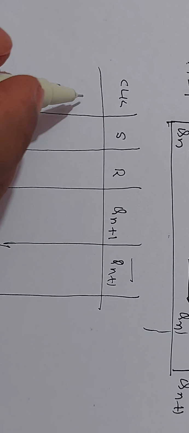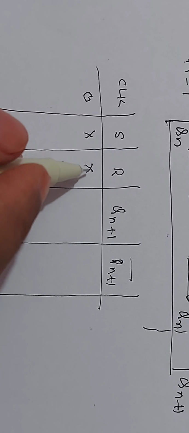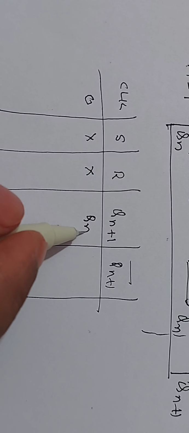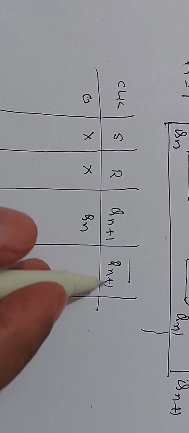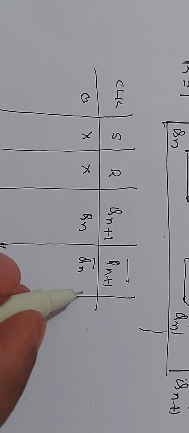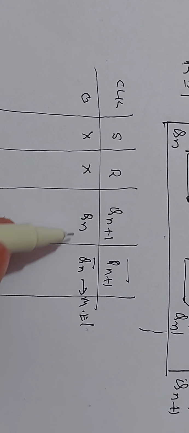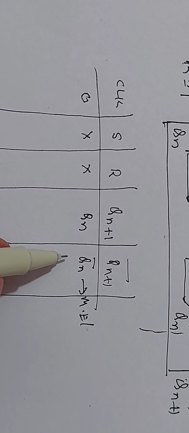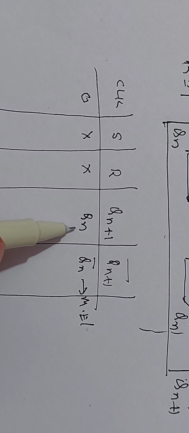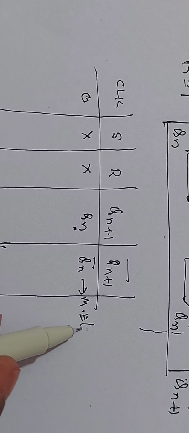Now, if the clock pulse is 0, whatever the values of S and R, Qn plus 1 is Qn and Qn plus 1 bar is Qn bar. We have already studied it. That means it acts as a memory element, where Qn and Qn bar are the previous outputs. If the output remains as the previous output, it is called a memory element.